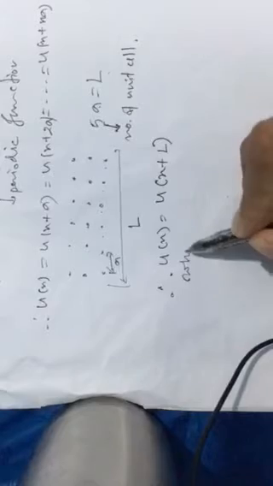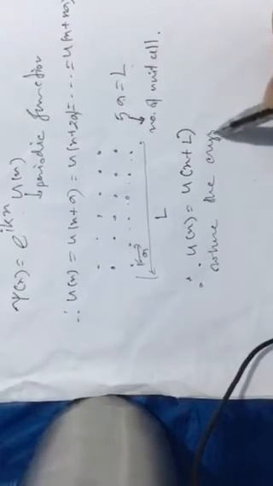Therefore we can write u(x) will be equal to u(x + L), because now we consider that the crystal has N unit cells, therefore N times a equals L. This is just an example. Yeah, so that's what we find out.